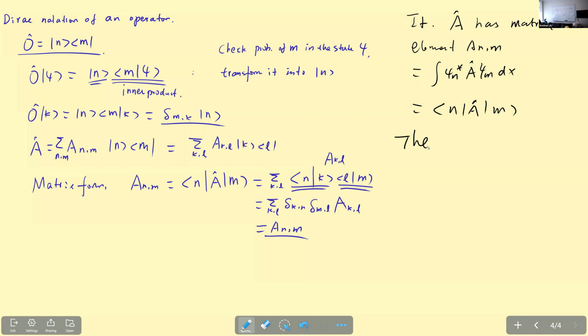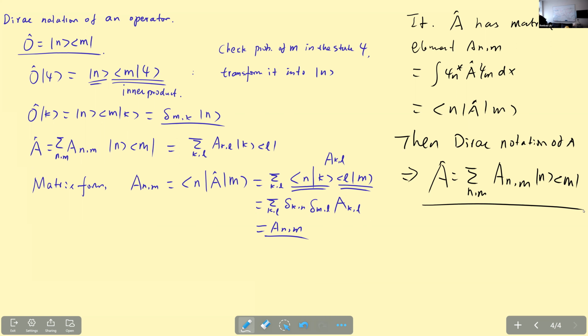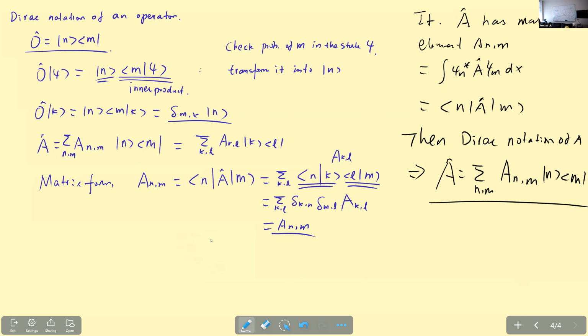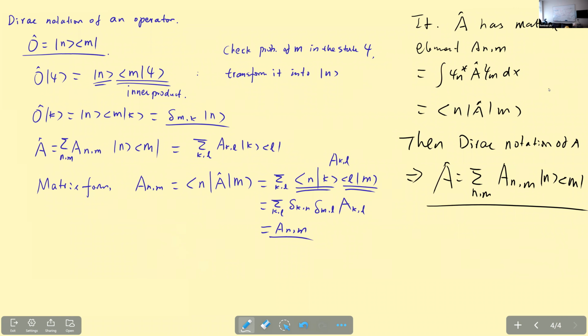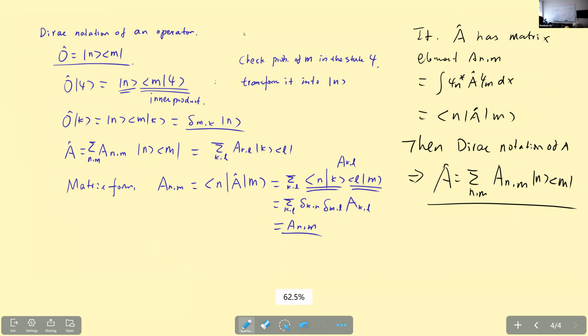And then the Dirac notation of A can be written as just A equals the summation of |m⟩⟨m|A|n⟩⟨n|. So this gives us a Dirac notation of the operator. And this will be very convenient for the calculations, once you get familiar with these notations.